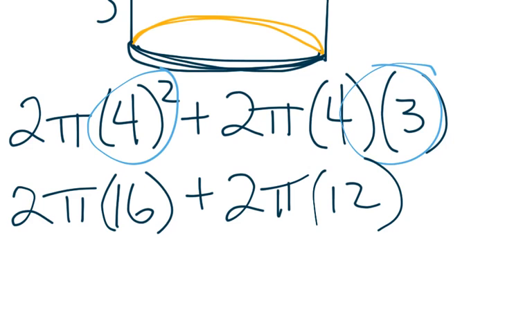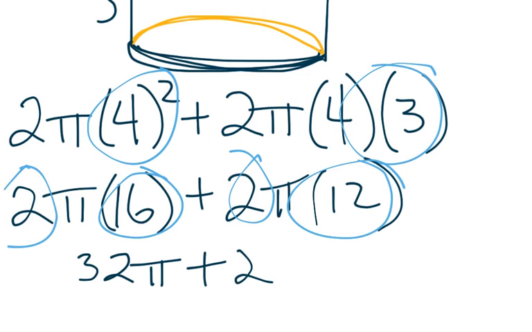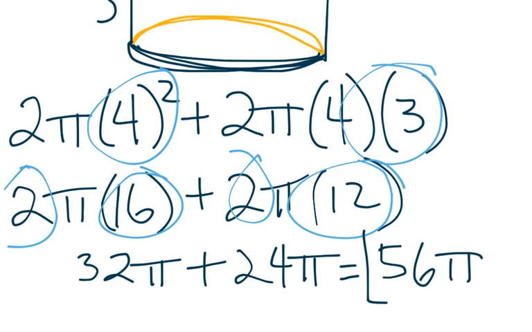Now we are going to multiply this 2 and this 16, and that is 32 pi plus, and we're going to multiply this 2 and this 12, and that's 24 pi. So 32 pi plus 24 pi is 56 pi, and this is our answer for number 5.